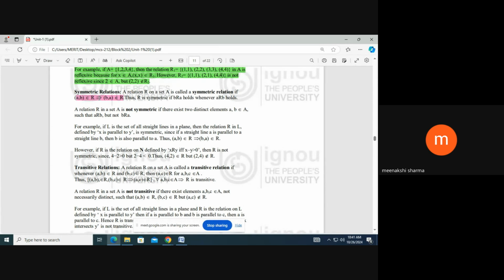Okay, students. Thus R is symmetric if the relation holds from B to A whenever it holds from A to B.